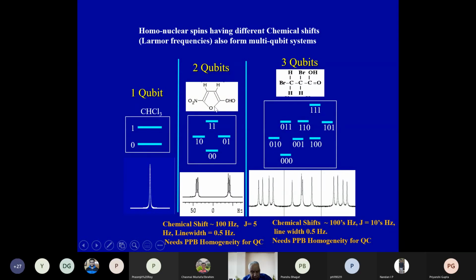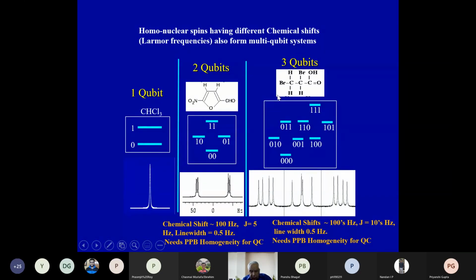If you have this molecule, the neighborhoods of this proton and this proton are not identical, so they have what's called chemical shift. Therefore, they resonate only about 100 hertz away from each other, but we have a magnetic homogeneity of 0.5 hertz, and they have a coupling of about 5 hertz. So we need very high homogeneity so that the line width is not very large. So this is a 2-qubit system.